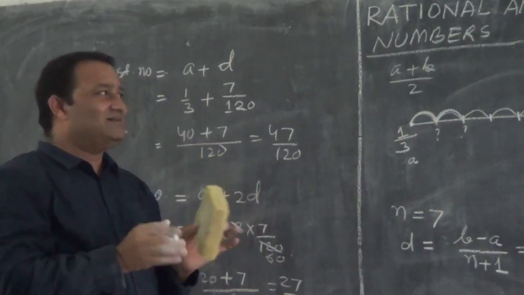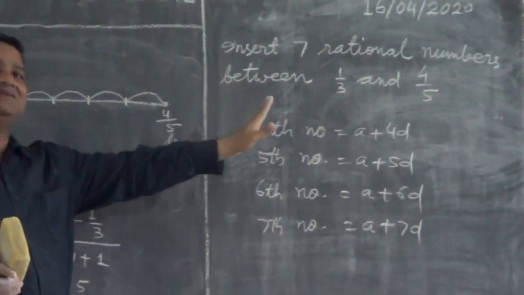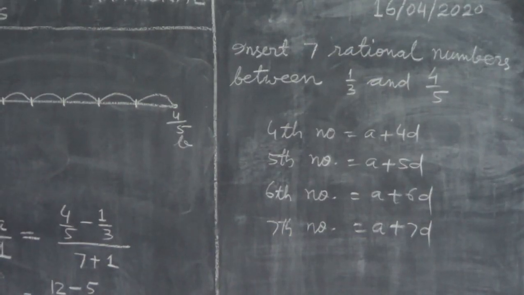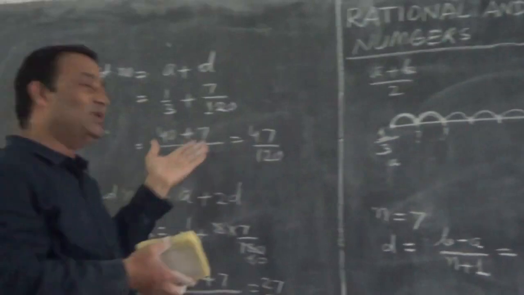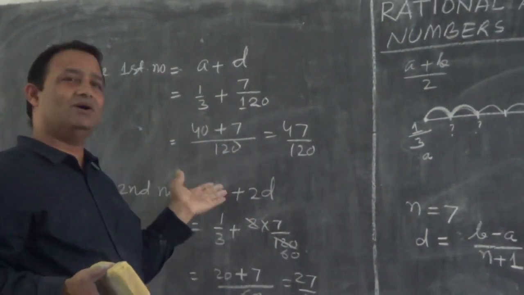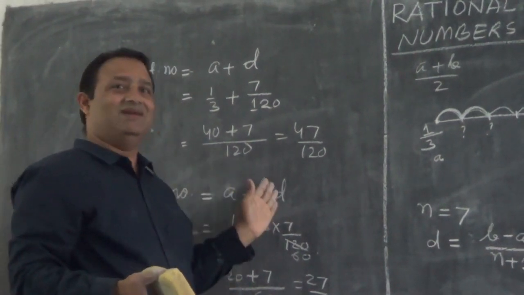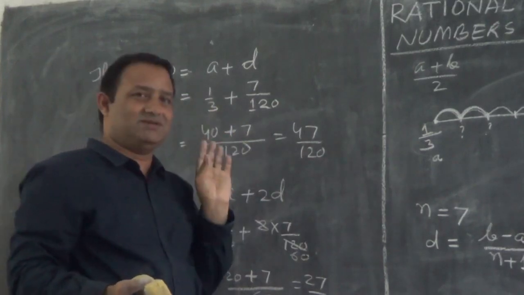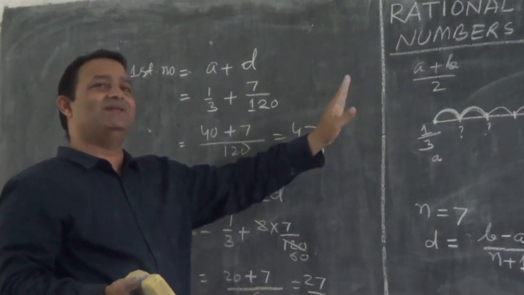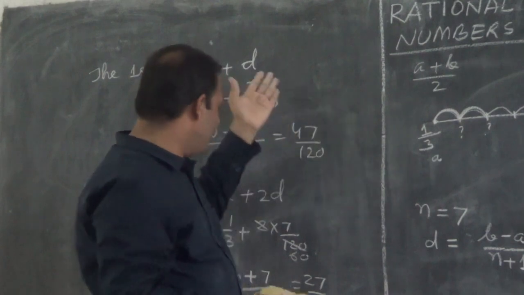So in case the question says only insert 7 rational numbers between this and this, then say thank God, I am not going to do this long method. I am going to do it by some method which will give me a quick answer. Okay, you can do that. But in case you see at regular intervals, insert 5 rational numbers between this and this at regular intervals, go for this.